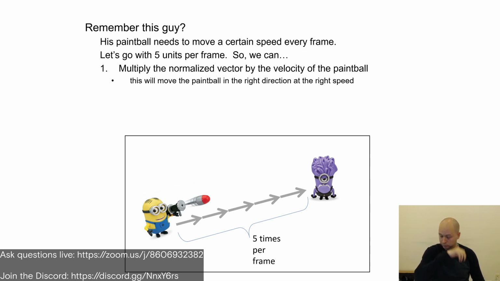To get there, we could just multiply it by 5. So this is something that you can do programmatically, or you can do it incrementally. If you were to do it incrementally, you would take velocity times 1, velocity times 2, velocity times 3. So don't do that, but that's just the intuition for scalar multiplication, just making a vector bigger or smaller.